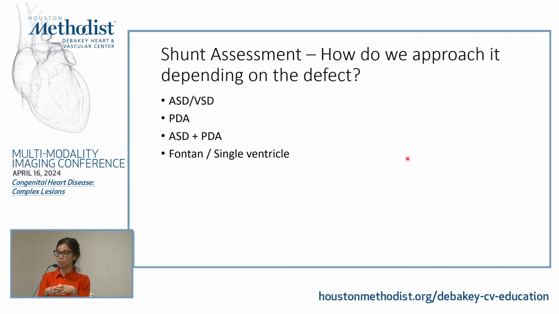Similarly, when I measure the flow in the pulmonary artery, does that represent my QP? No. Why not? Yes, because my QP will be that PA forward flow plus what I'm getting from the PDA.